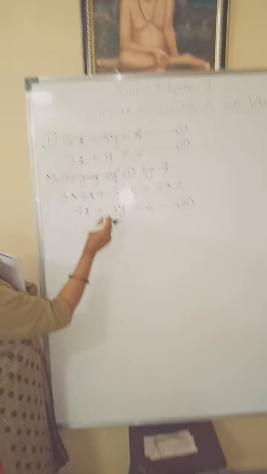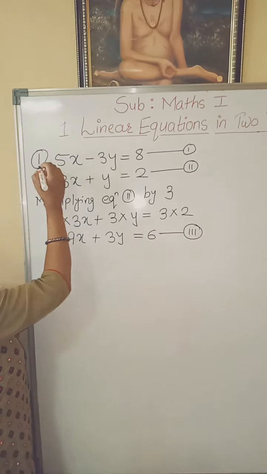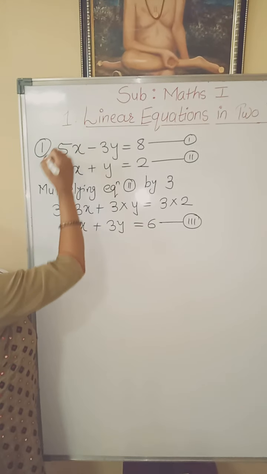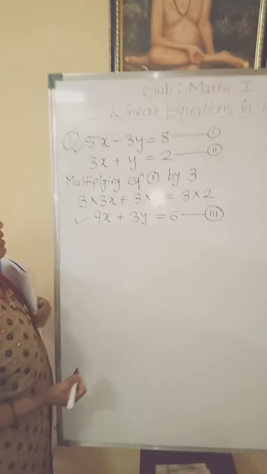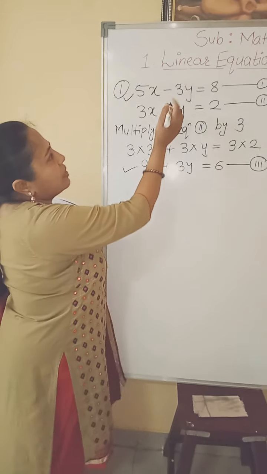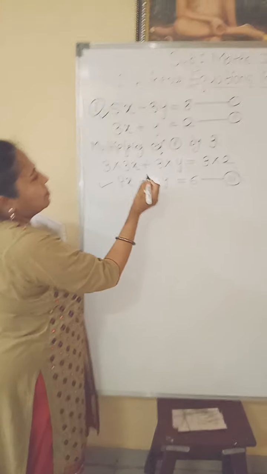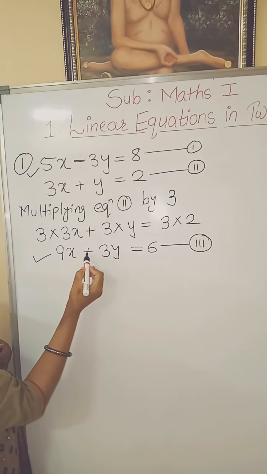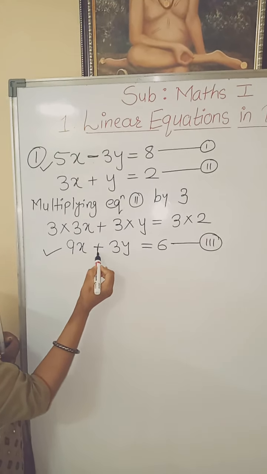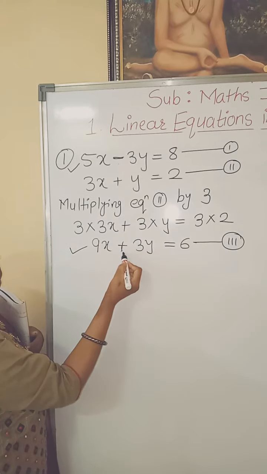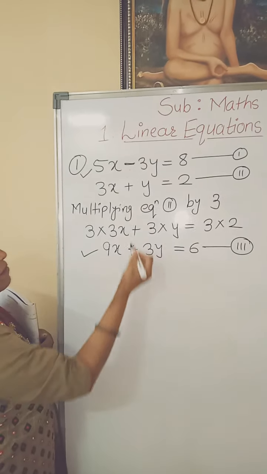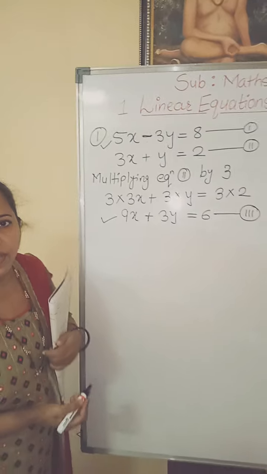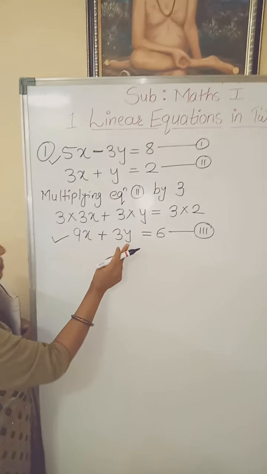Now to eliminate the variable y, we will use equation number 1 and equation number 3. Now observe the sign of these terms. In first equation it has negative sign and in second equation it has positive sign. So when there are opposite signs, then we have to add the equations to eliminate the variable.